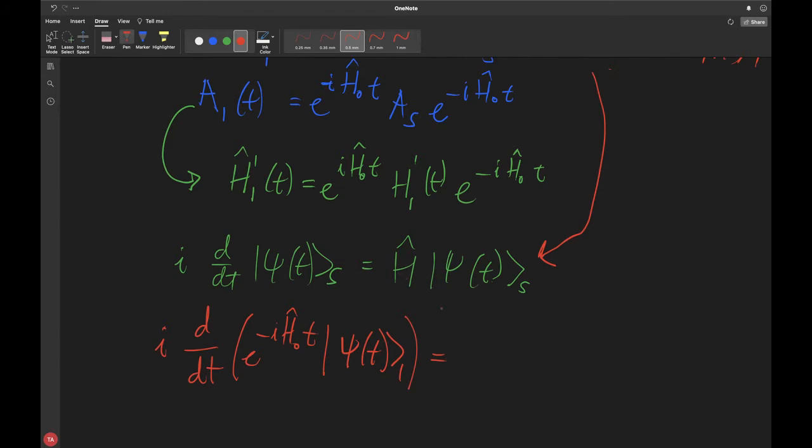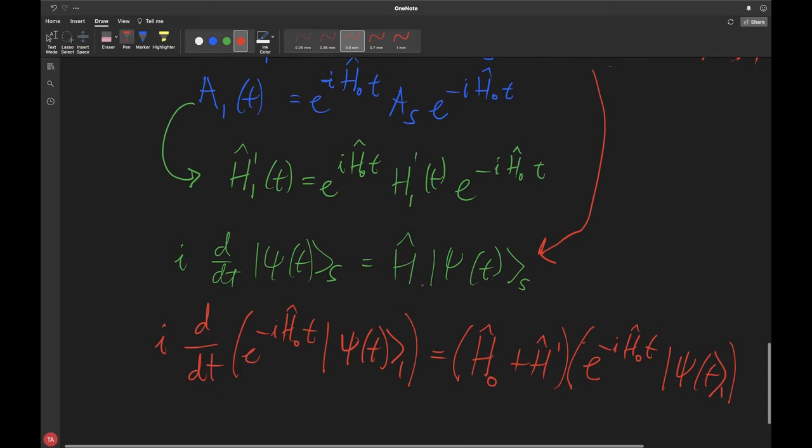But then think about that in this picture we said that the Hamiltonian can be factorized into two parts, the H0 plus the H prime operators acting on the psi_S, which we now again discuss is the same as the exponential of minus i H0 operator at time t acting on the psi at time t in the interaction picture.